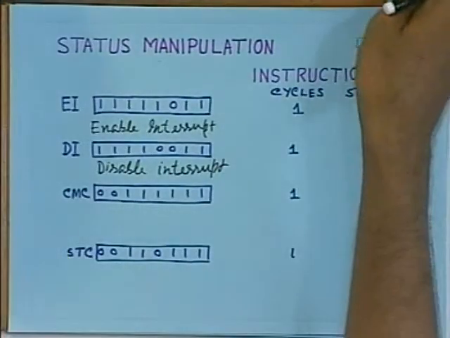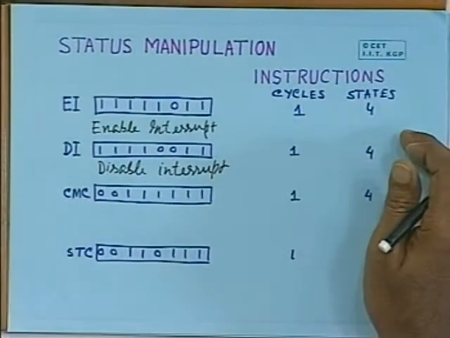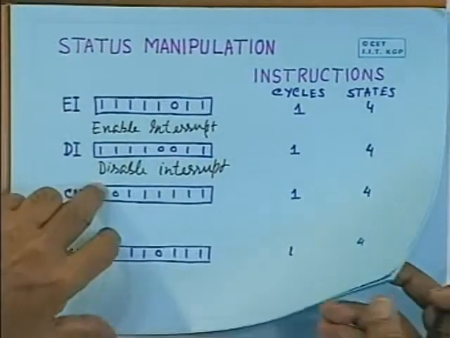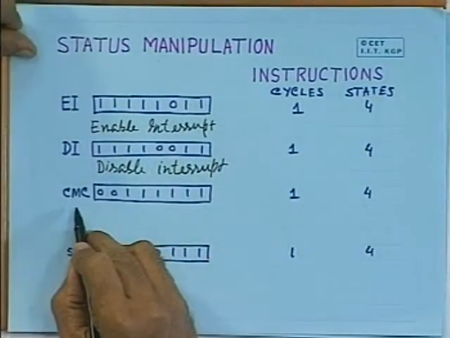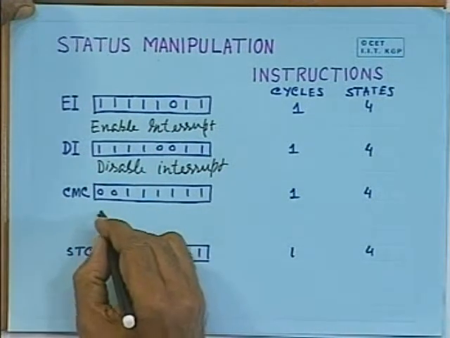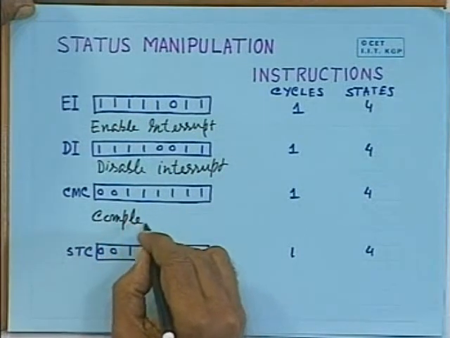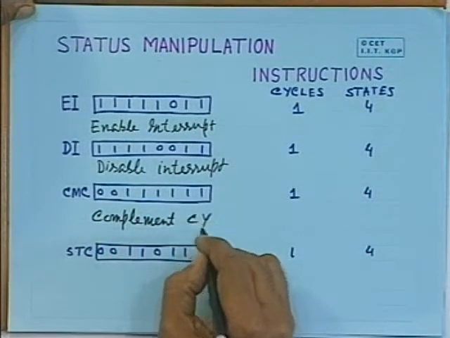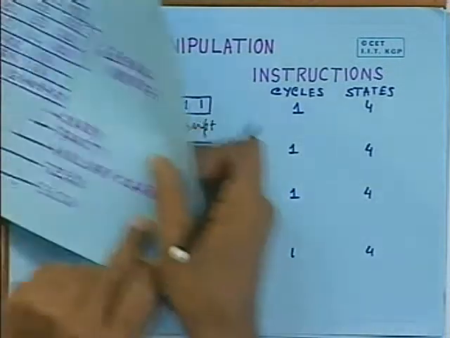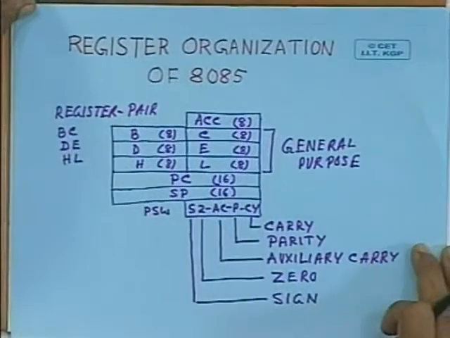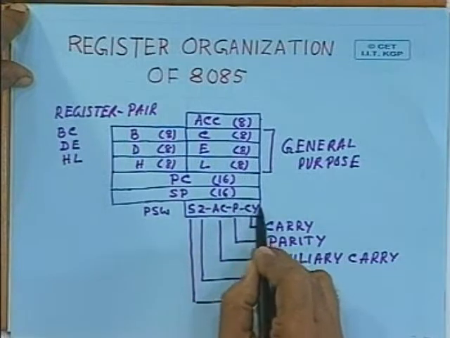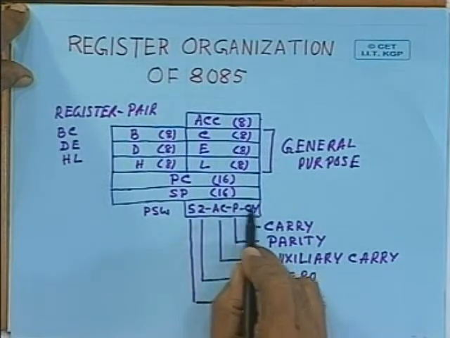However, you are not performing any other operation by using these instructions. Similarly, in case of these two instructions, CMC, complement carry, you may recall the register organization of the 8085: there is a carry flag bit as part of the program status word.